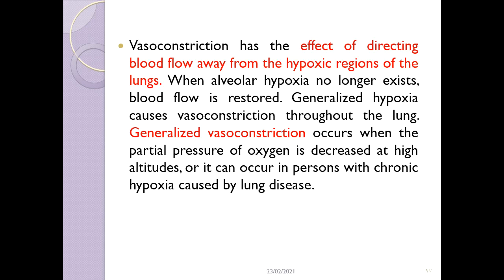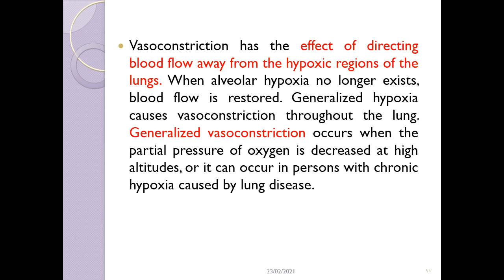And this generalized vasoconstriction occurs when the partial pressure of oxygen is decreased. For example, the partial pressure of oxygen decreases at high altitude, or it can occur in a person with a chronic hypoxia caused by a lung disease.